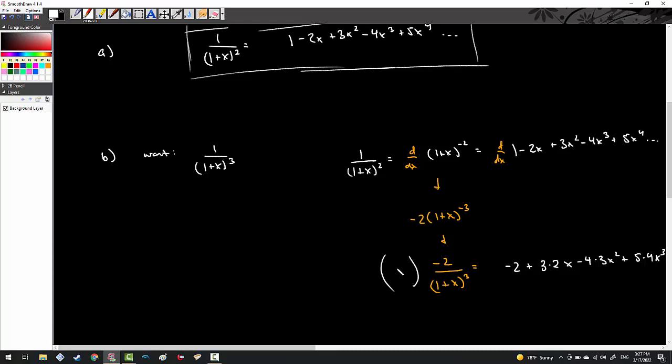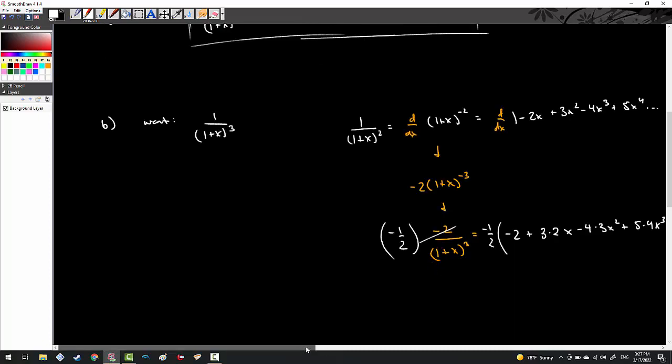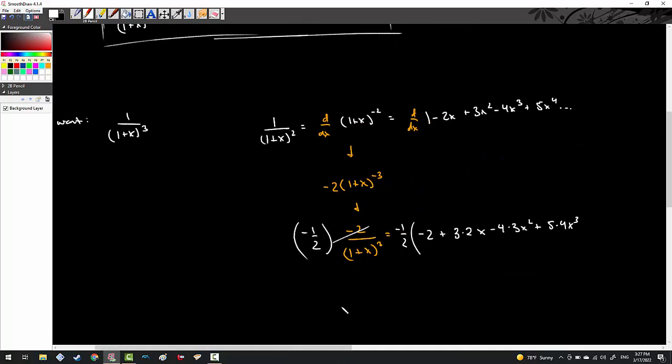I'm going to multiply both sides by negative 1/2. That way I can get the version that they want. Scroll over to the right here a little bit. That's going to be 1 over (1 plus x) cubed equaling negative 1/2 times negative 2 plus 3 times 2x minus 4 times 3x squared plus 5 times 4x cubed, and so on.